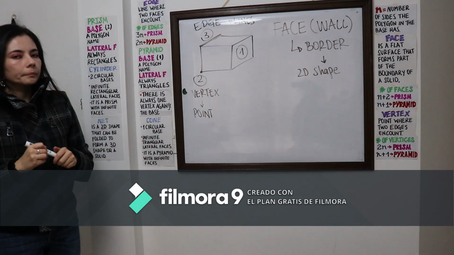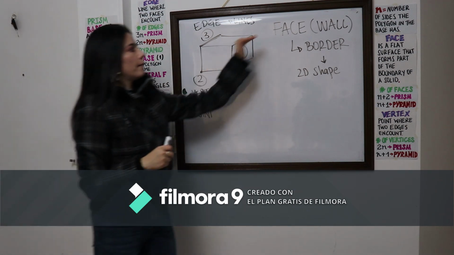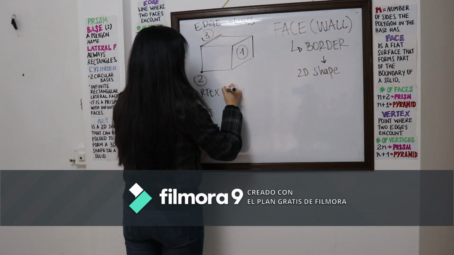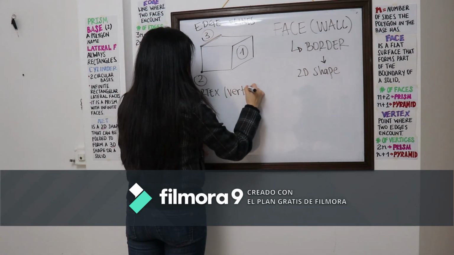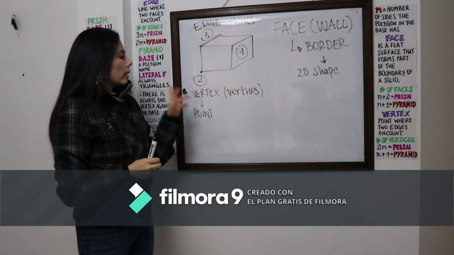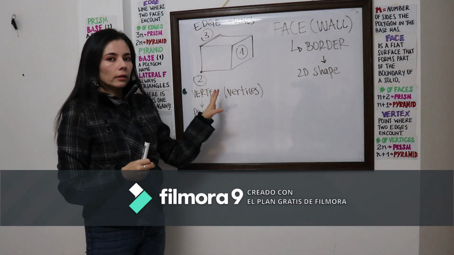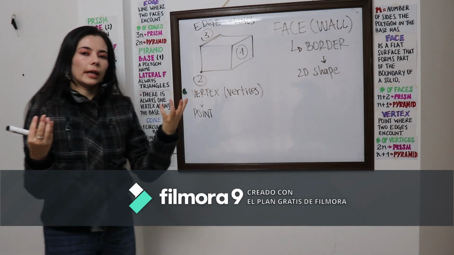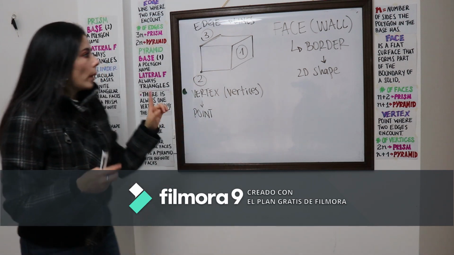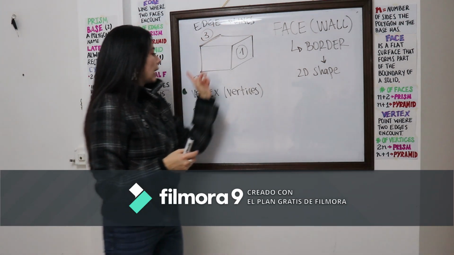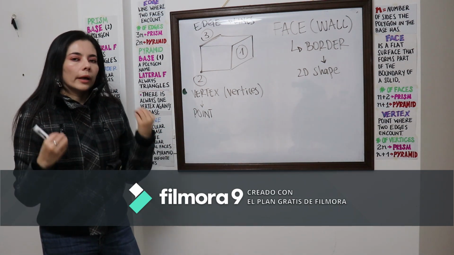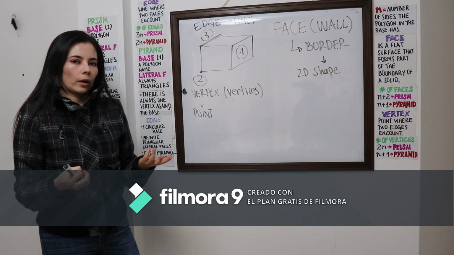Okay? And so we need to understand faces, edges, and vertices. All right? And once we have those clear, then the classification into prisms and pyramids is going to be way easier. Because we actually need to be able to identify faces, edges, and vertices to be able to see how we can describe a pyramid or how we can describe a prism.